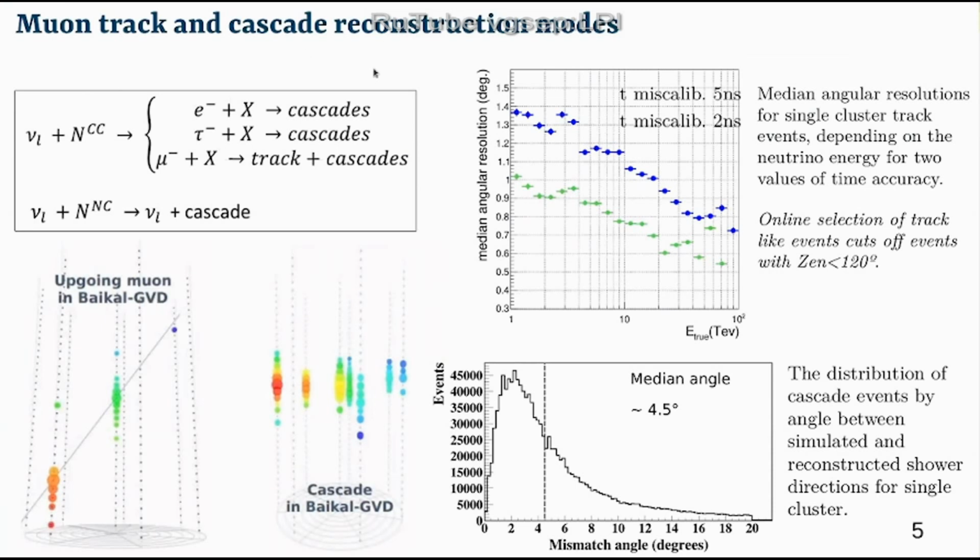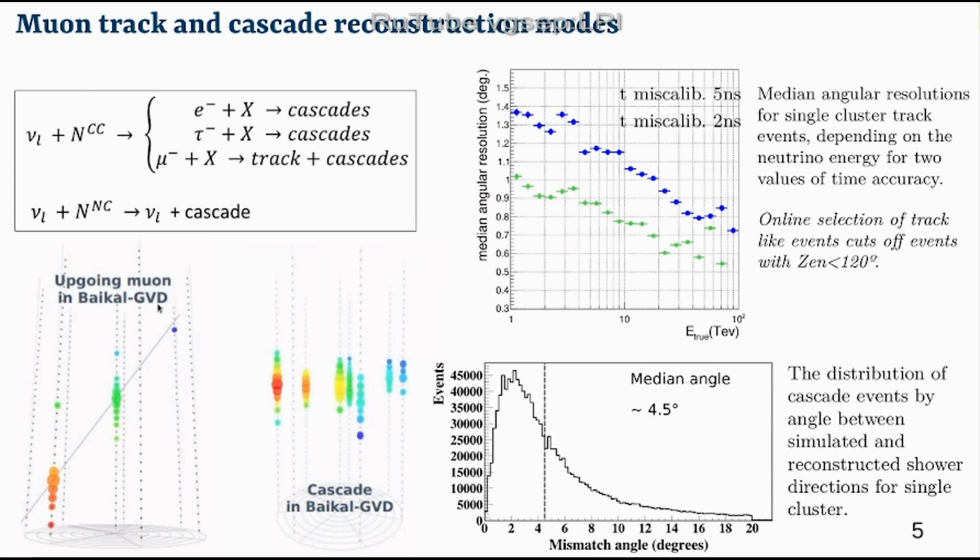This slide is about two modes of neutrino reconstruction. You probably know about them. They are cascade and muon track modes. We can reconstruct neutrino interaction through charged current by cascades and through track or cascade modes, and through cascade mode if we talk about neutral current interaction.